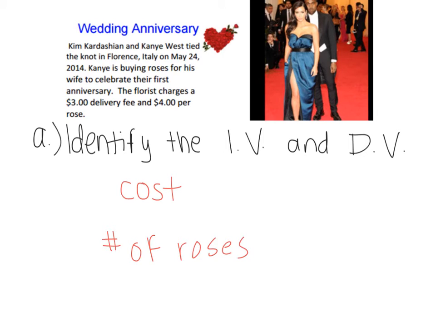So let's call the cost C and the number of roses R. And so cost depends on how many roses he buys. So the dependent variable is the cost. The independent variable is the number of roses he buys. Cost depends on roses.